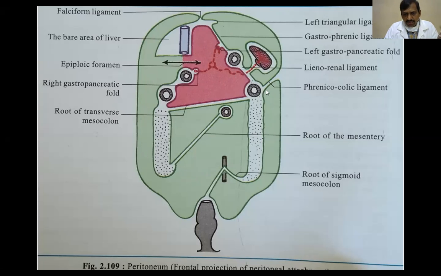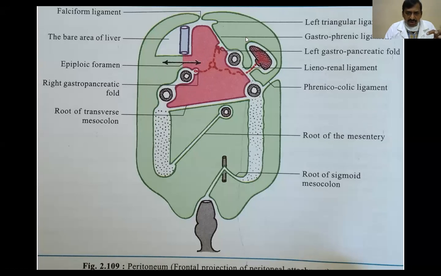The lesser peritoneum is behind the stomach and behind the lesser omentum. It communicates with the greater peritoneum through a small opening, the epiploic foramen. Only through the epiploic foramen is the lesser peritoneum connected with the greater.